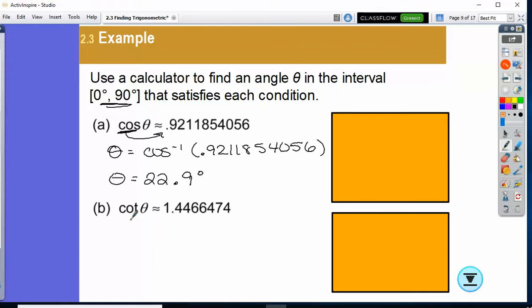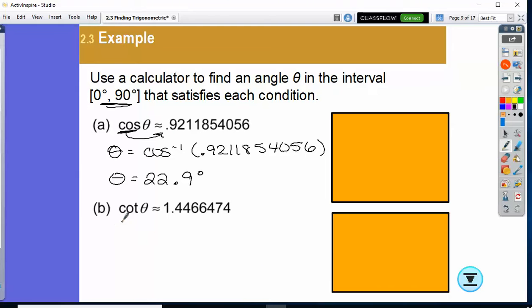The second one of these is probably the most frequently missed question. If I say cotangent, if I just want to move that angle to the other side, the problem is I don't have a tangent or a cotangent button to use.